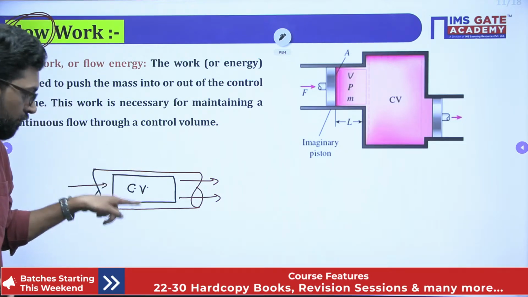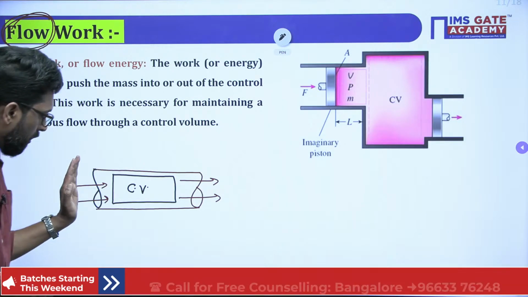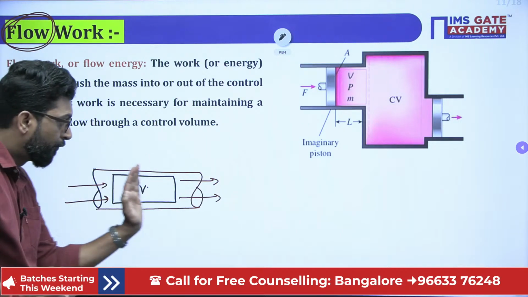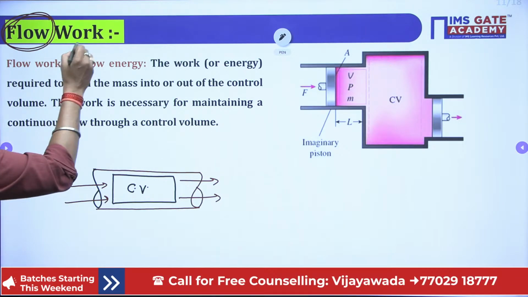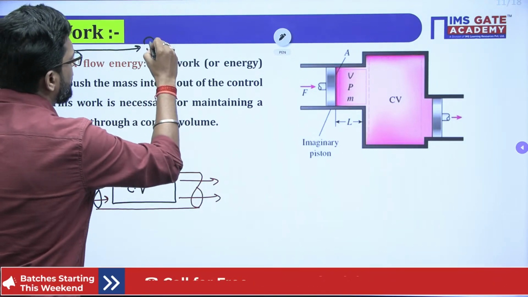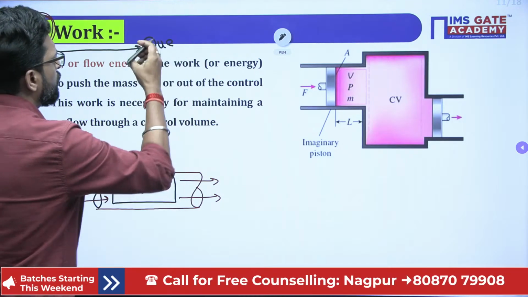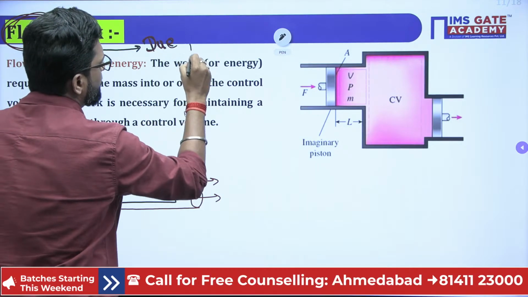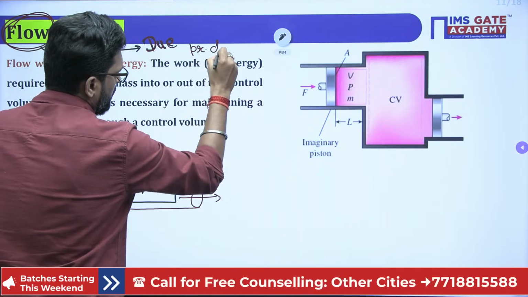That is called the control surface. So when the fluid is in and the fluid is out, the fluid is flowing. We know that fluid flow is due to pressure difference.